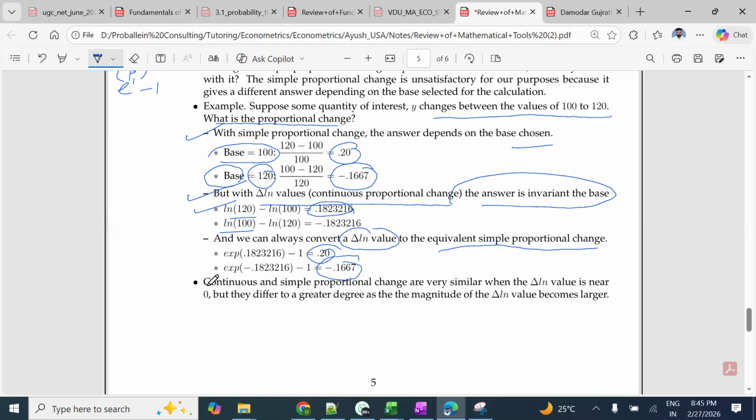But they differ to a great degree as the magnitude of the ln value becomes larger. You can see 0.18, 0.20, not very different, but if the difference is very high, then this number will also be very high. Is it understood?